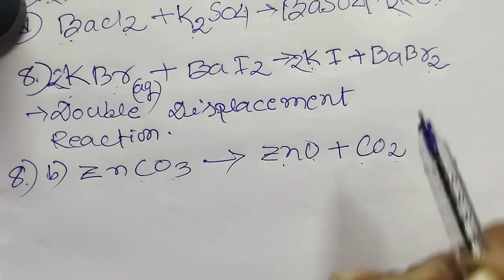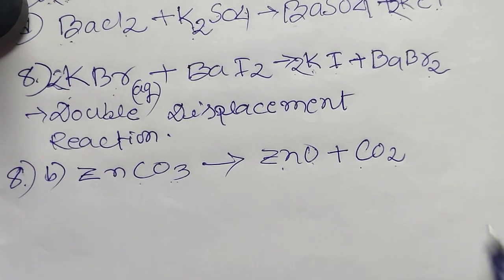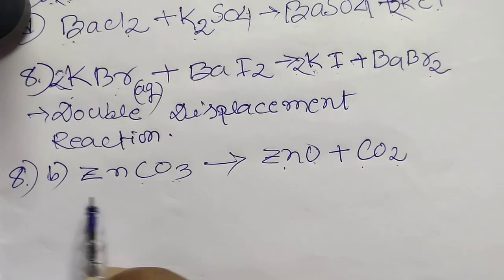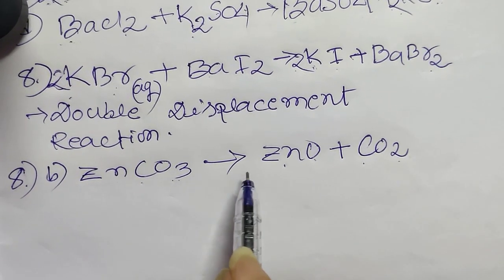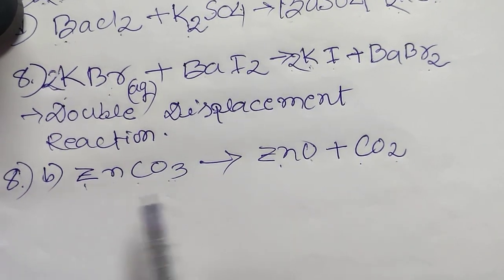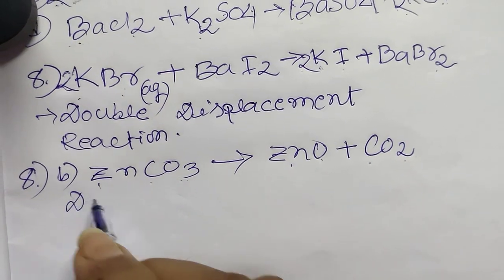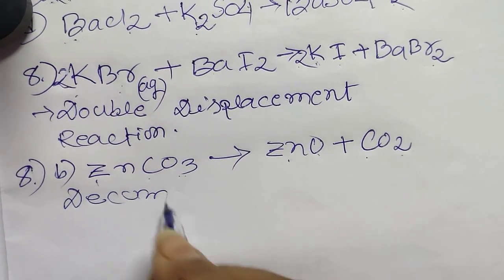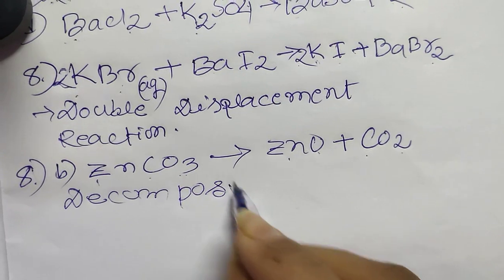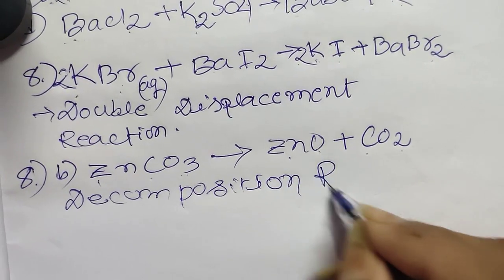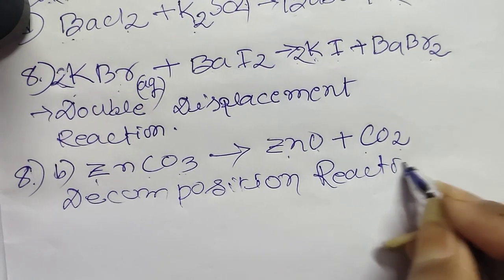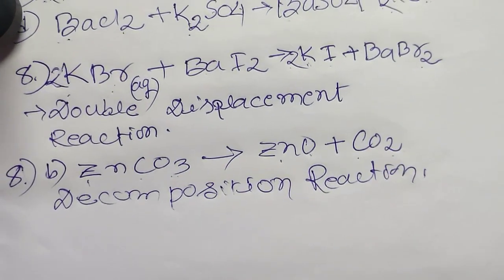If it is already balanced, then you don't need to put any digits. Now you are asked to write the type of reaction. It will be a decomposition reaction. Now let's go to the next question.